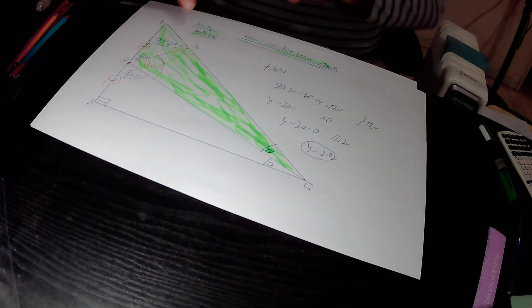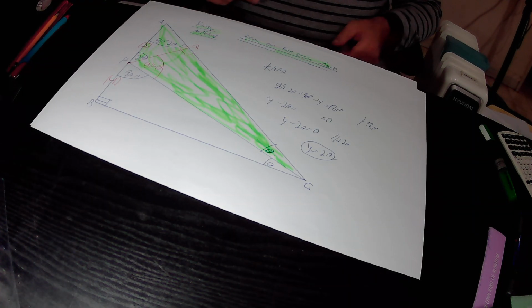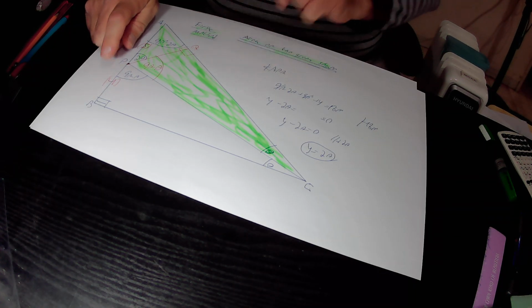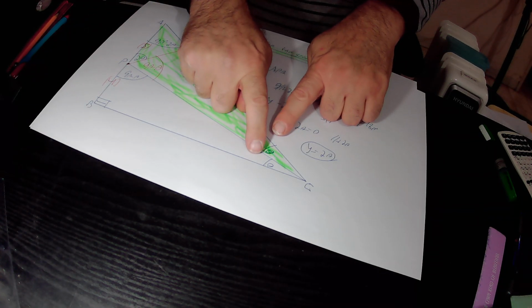So why are those two triangles congruent to each other? First of all, those two angles are both equal to theta, therefore they are equal to each other.